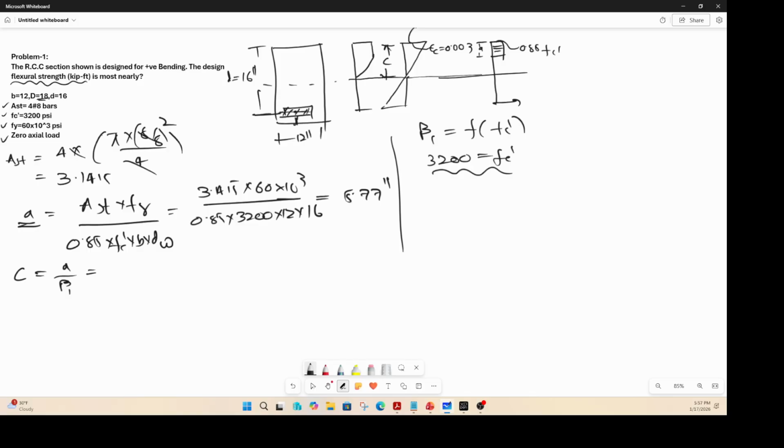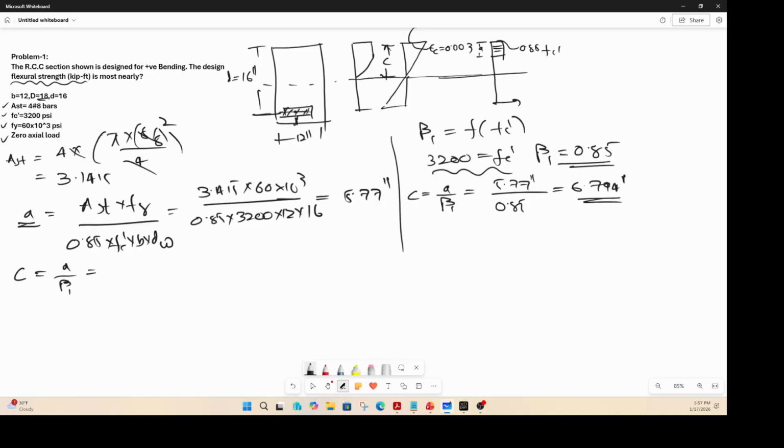But because Fc prime is 3200, your beta 1 is 0.85. Okay, so c is a by beta 1, which is your 5.77 inches by your beta 1, 0.85, roughly 6.794 inches right there.